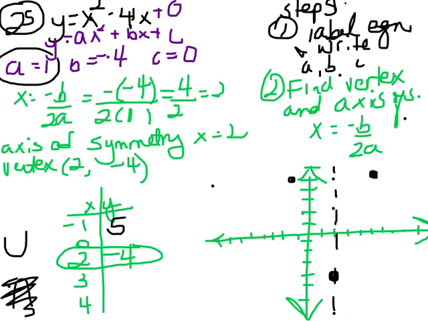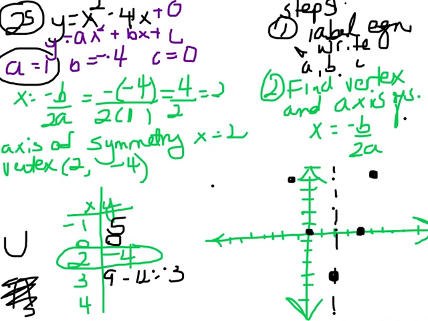Okay, if I plug in 0, 0 squared minus 4 times 0 is 0. So this one actually goes through the origin. And since that's 2 over from the axis of symmetry on this side, I'll have another point 2 over on the other side. If I plug in 3, 3 squared is 9. 9 minus 4 times 3, which is 12, would be negative 3.